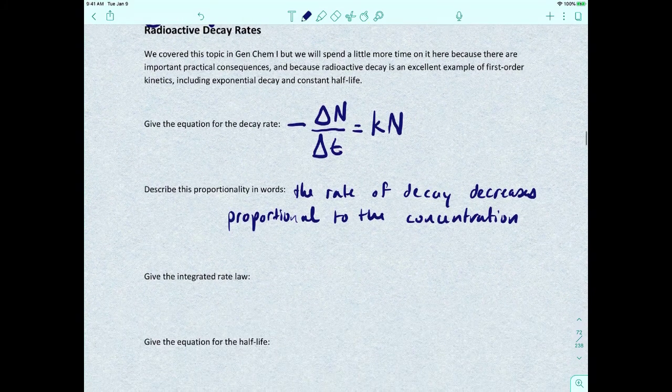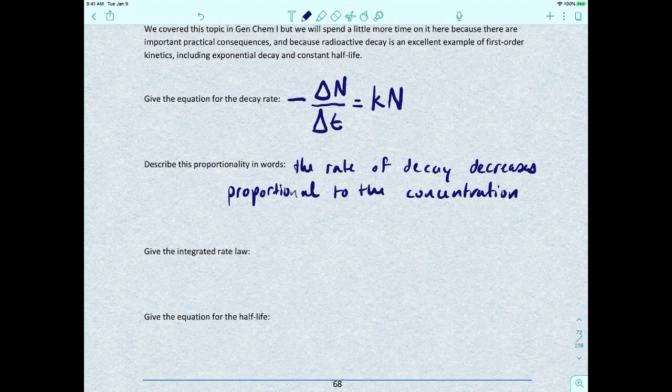Now, if I take this expression and rewrite it in terms of the integrated rate law, it would look like this: the natural log of the concentration of our nuclear species at a certain point in time t, divided by the initial concentration, is equal to negative K, the rate constant, times t, the time.